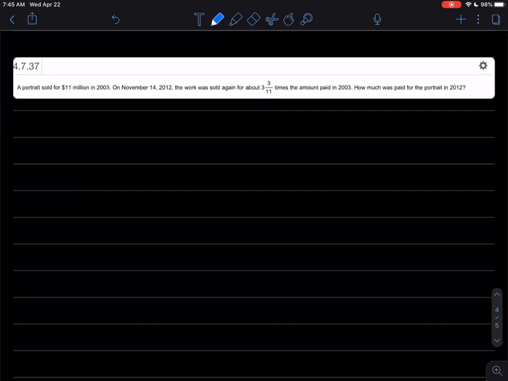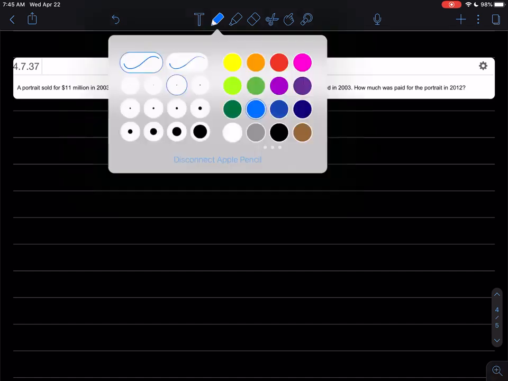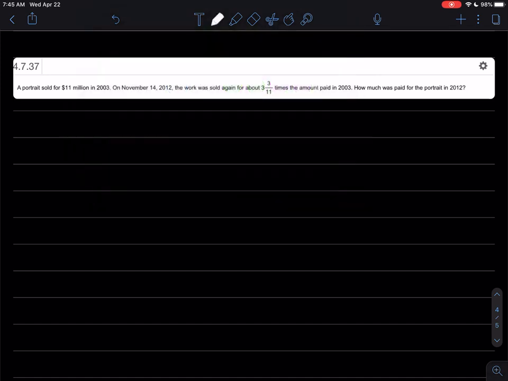And our last problem for today is to solve this word problem. So we have a portrait selling for $11 million in 2003. Then later on, in November 14th of 2012, the work was sold again for about 3 3/11 times the amount paid in 2003. So how much was paid for the portrait? One of the key words here is times.